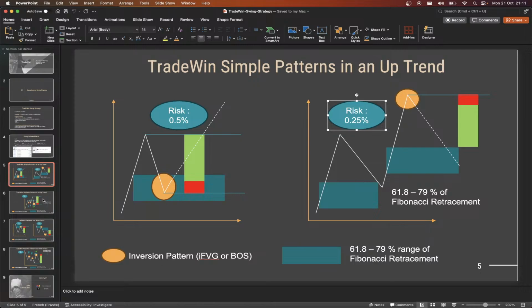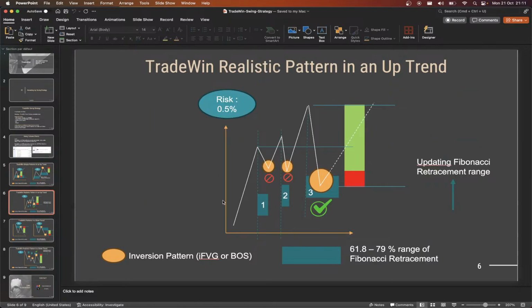So to sum up, let's imagine we make a new high, but we don't retrace enough. For me, this is not a good entry because I really expect to get into my retracement level, much deeper into the trend. Okay.